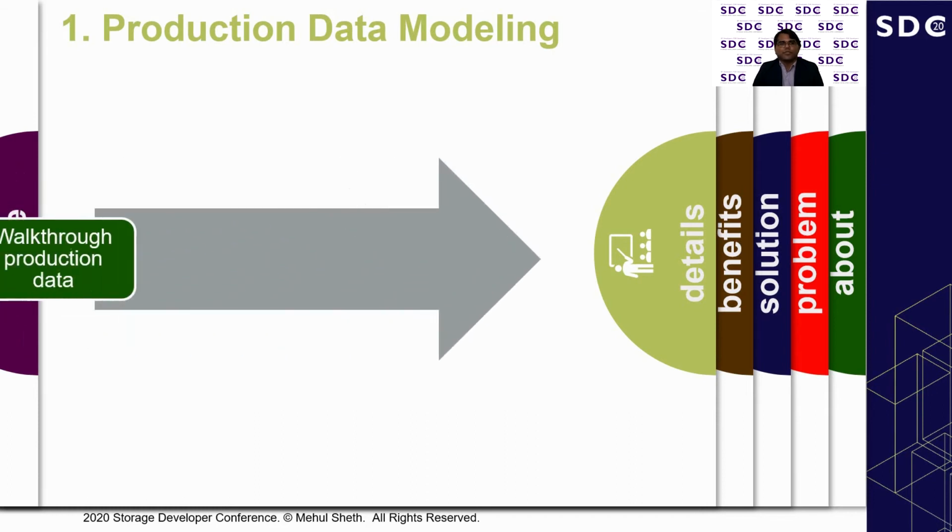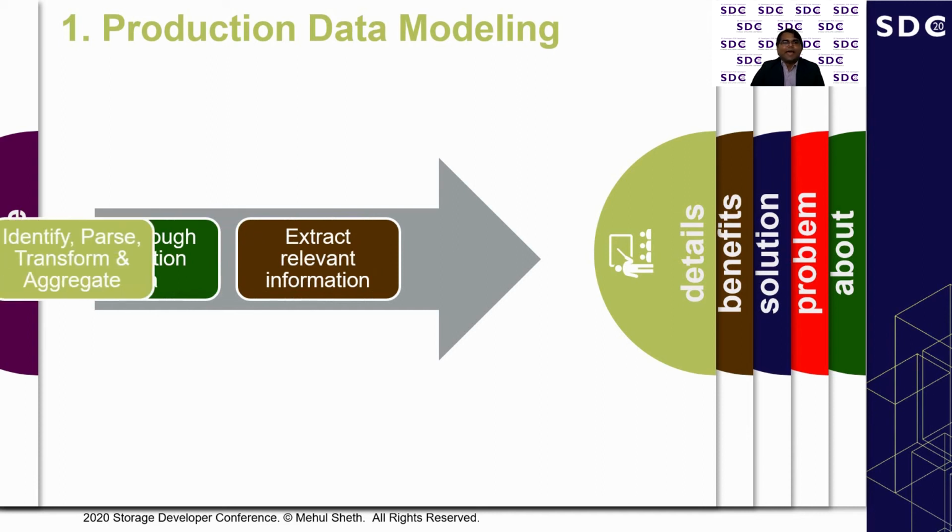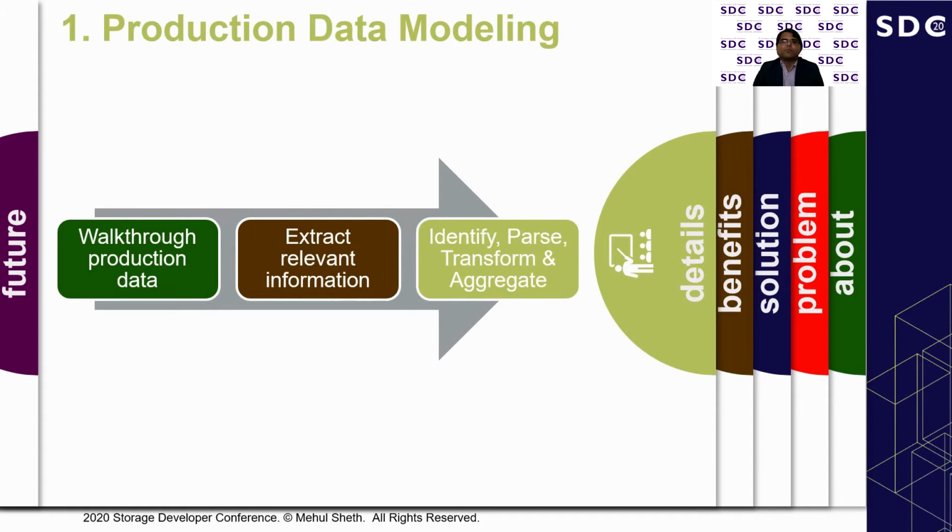Walk through production data, that is, reading relevant files from production without risking violation of customer confidentiality contracts. Extract relevant information from the data read and identify, parse, transform, and aggregate this data to a representative model of the production data.